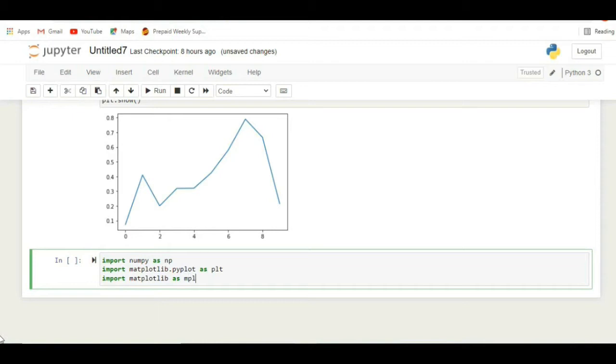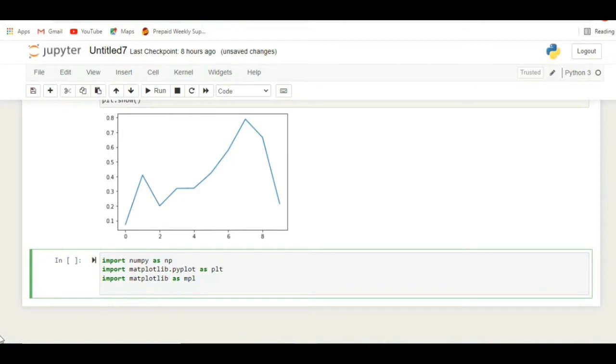Yes, import matplotlib as mpl. Of course, this is a little different code. Every code will be different.